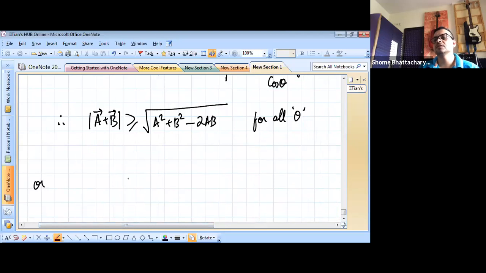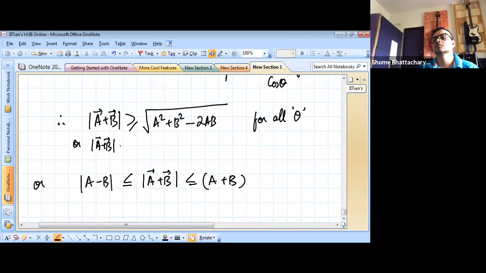or in other words, we can say that magnitude of A plus B is less than or equal to A plus B and greater than or equal to A minus B. Because this statement also means the difference of A and B, because the A minus B whole square.